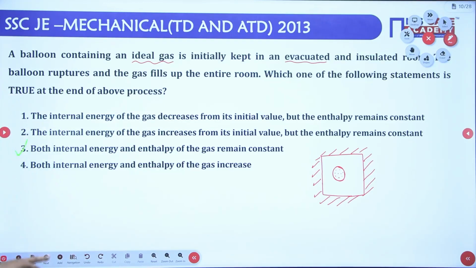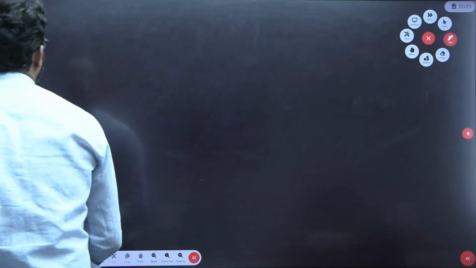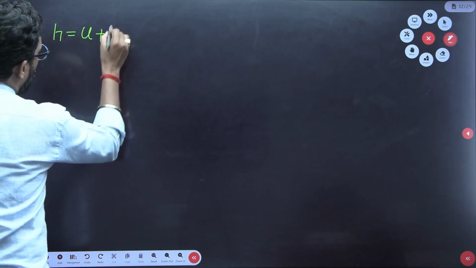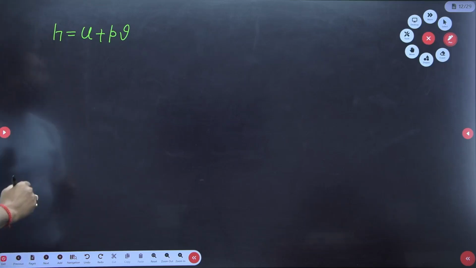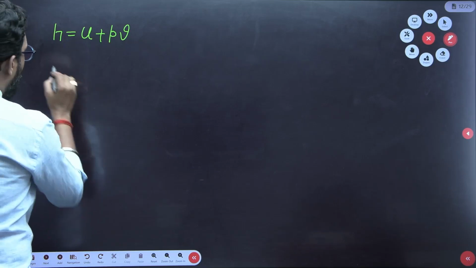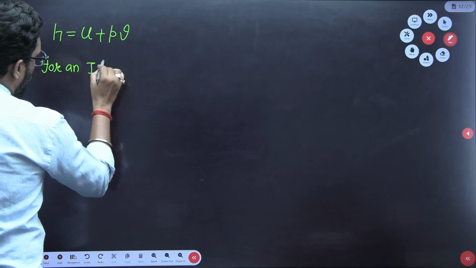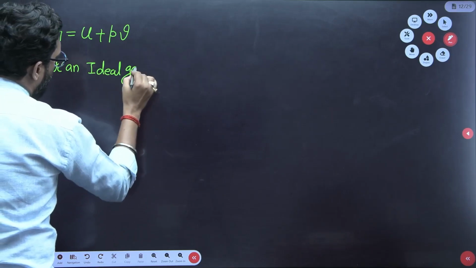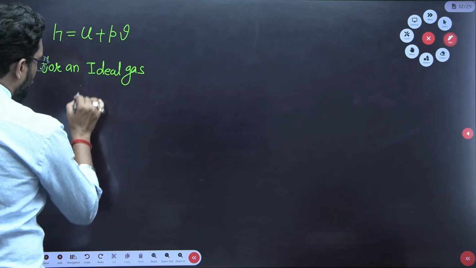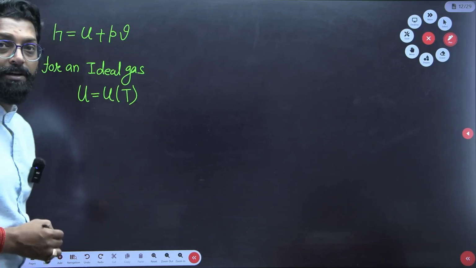Now my dear, what is the enthalpy? What is the definition of enthalpy? Internal energy plus PV. This is the specific enthalpy, h equals u plus Pv, where v is the specific volume. Now, for an ideal gas, internal energy is a strong function of temperature.